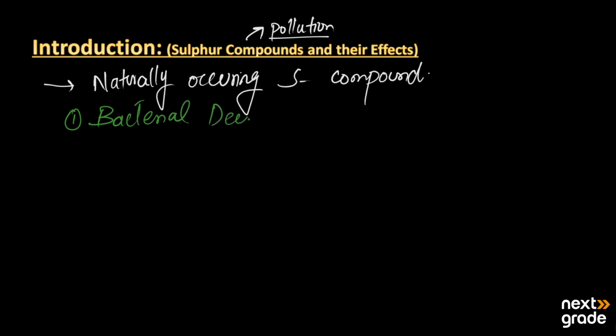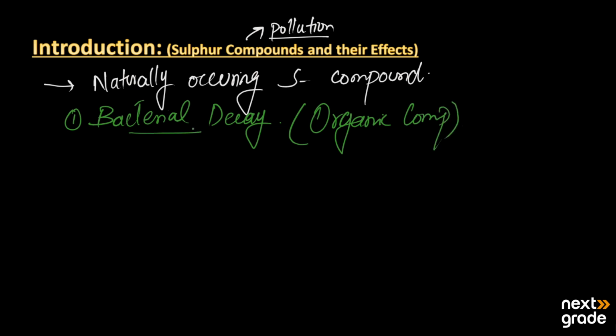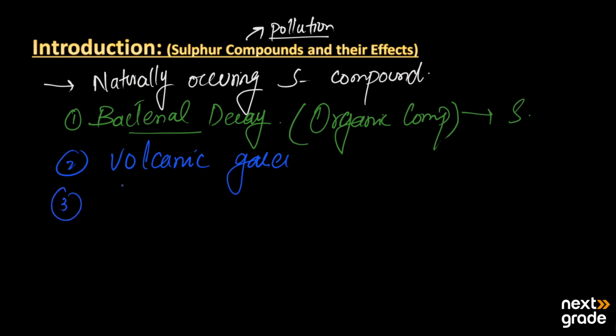When different organic compounds decay by bacterial action, they produce compounds of sulfur. Second, they are also produced by volcanic gases. When there is a volcanic eruption, it produces compounds of sulfur, and they are also produced as a result of forest fires. So these are the three main processes by which compounds of sulfur are produced.